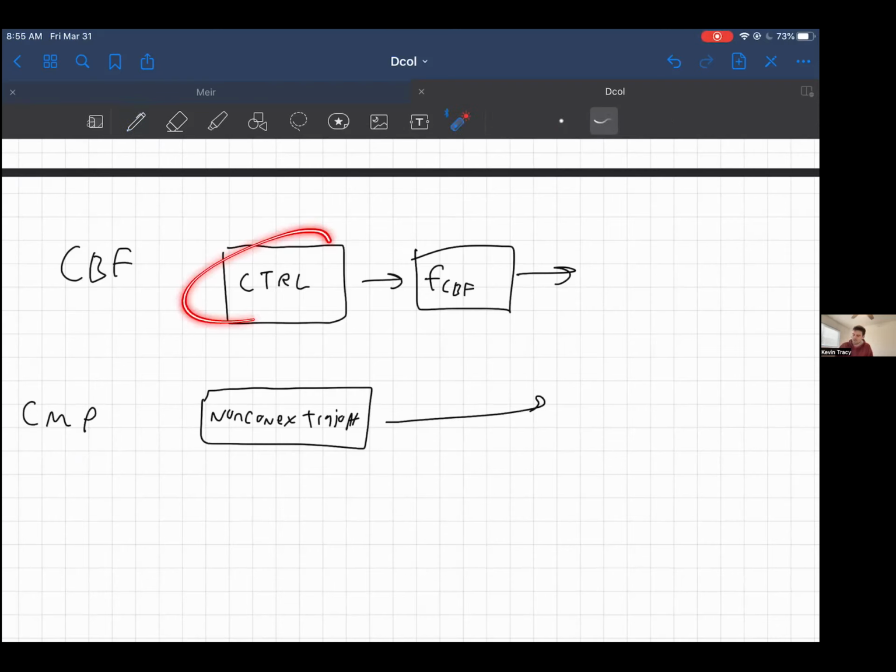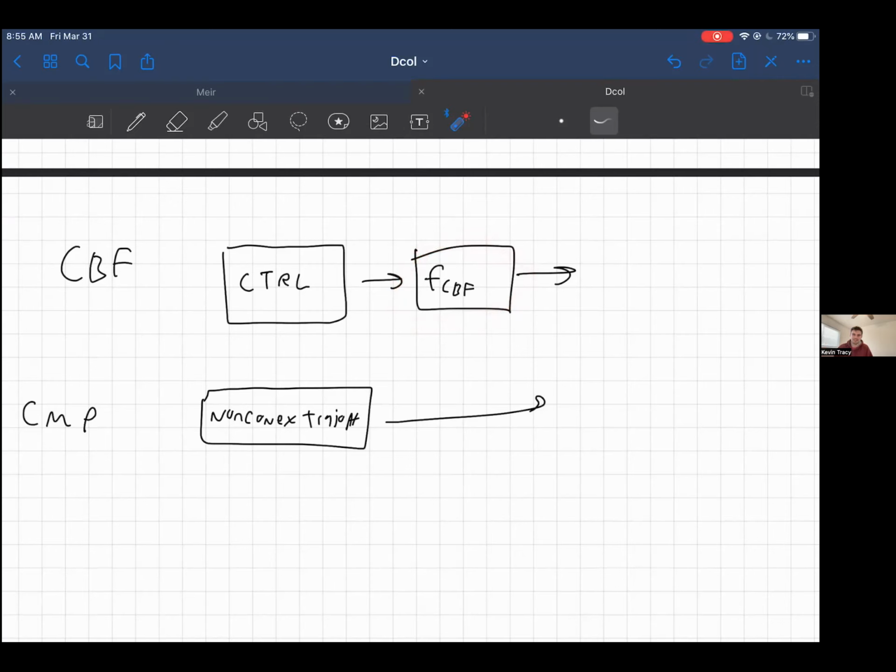So in the case of CBFs, I compute my general controller, which can be something nice and fast. And I compute this, which is insanely fast because this is a QP where the size of the primal variable is the length of the control. So it's like a QP in 4 dimensions or 3 dimensions or 10 dimensions. It's never that big. It's a very small convex problem. And it has one constraint for each safety thing. That's a scalar constraint. And then bound constraints. So in general, solving this kind of QP, it's very small.